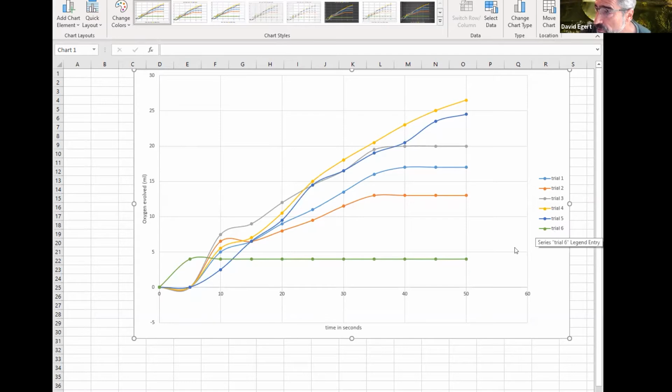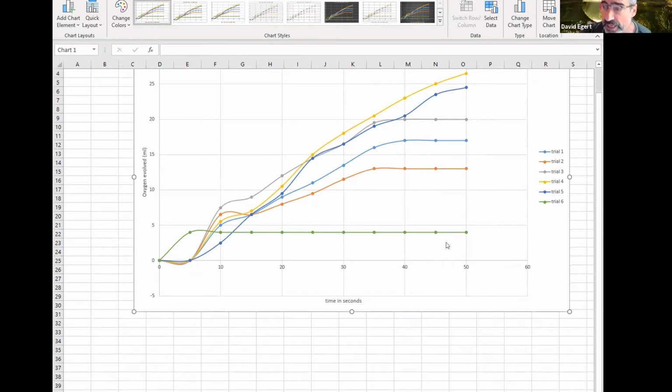Trial 6, the pure water, is this green one. What would you expect if you ran the experiment with just pure distilled water in terms of bubbles? Flat line, none. In fact, it's our control to make sure that there's no reaction if there's no substrate.